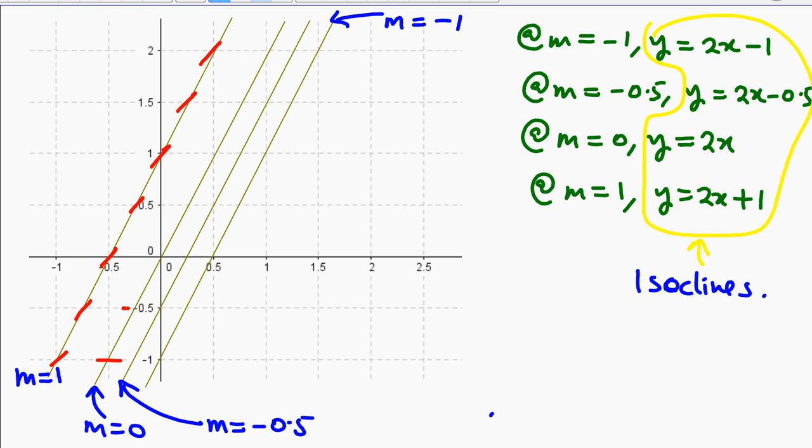At any point, and you can draw as many hatch marks as you want, on that line, the gradient is 0. And then the other one, the gradient is negative 0.5, so steep, but not very. Something like that. And then the other one, the gradient is negative 1, so much steeper.